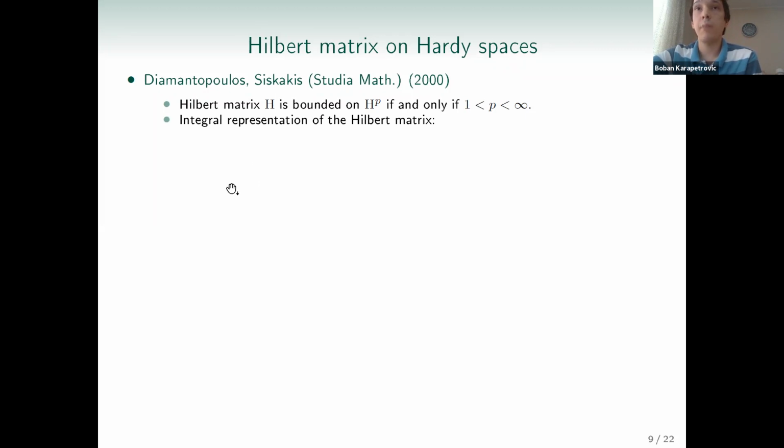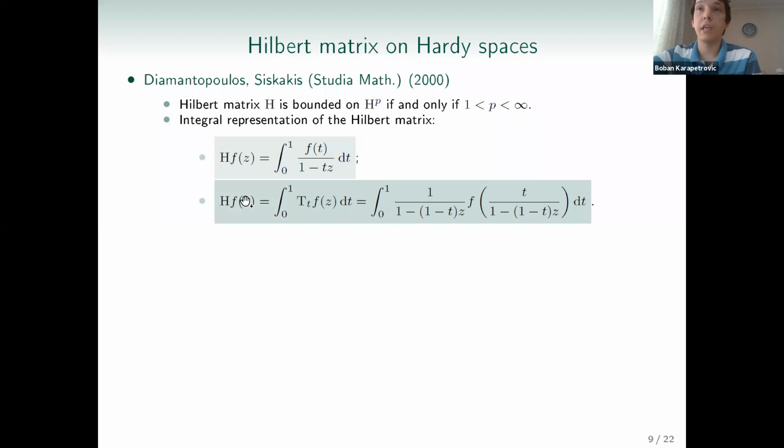So we have this basic integral representation of the Hilbert matrix, and by using changes of variables and after some calculations, we have this second integral representation of the Hilbert matrix, more complicated, but they used this second representation to provide the upper bound of the norm of the Hilbert matrix H on the Hardy space H^p, but only in the case when p is greater or equal than 2.